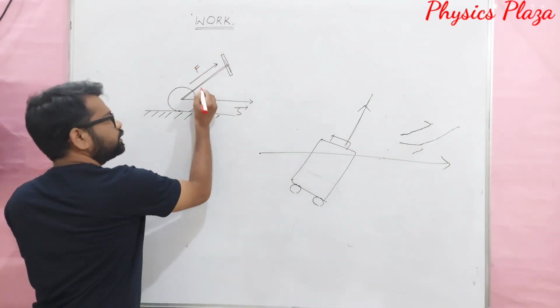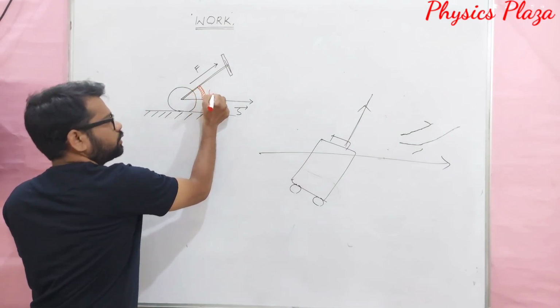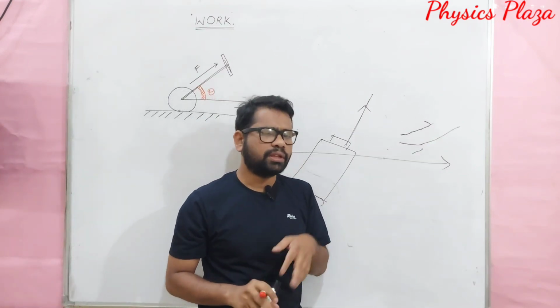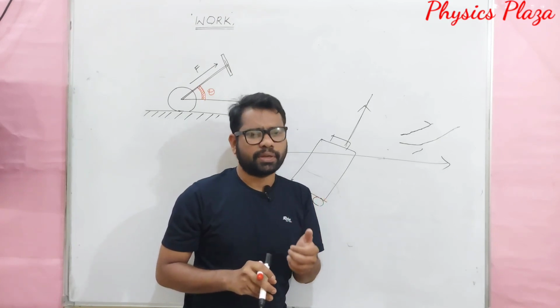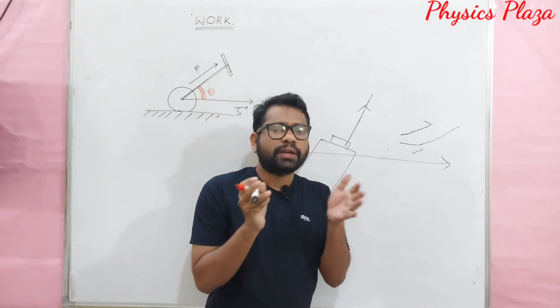So children, now there will be an angle. Let us say the angle is theta. In this case, how to calculate the work done? Here we are going to use the vector concept. As we know, any vector can be resolved into two rectangular components.